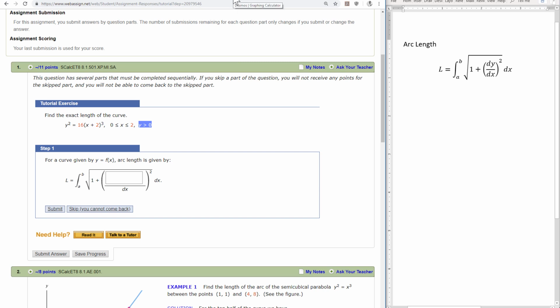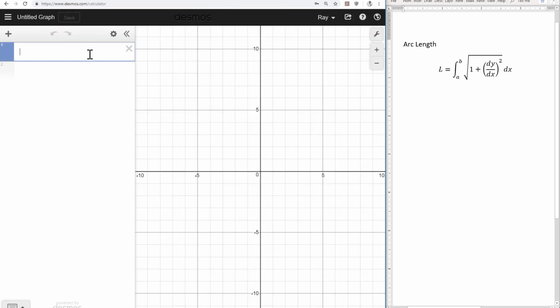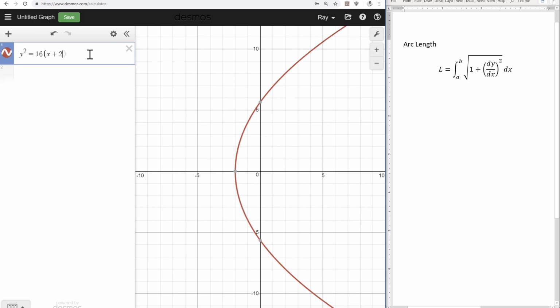It also might be good to graph this. So let's see if we can graph this. Using Desmos, you can actually graph implicit relationships. So that's y squared is equal to 16 times (x plus 2) quantity cubed.